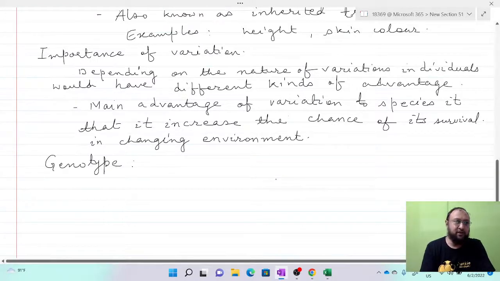First we write the definition. The genotype means the genetic constitution of an organism, how it is constituted.